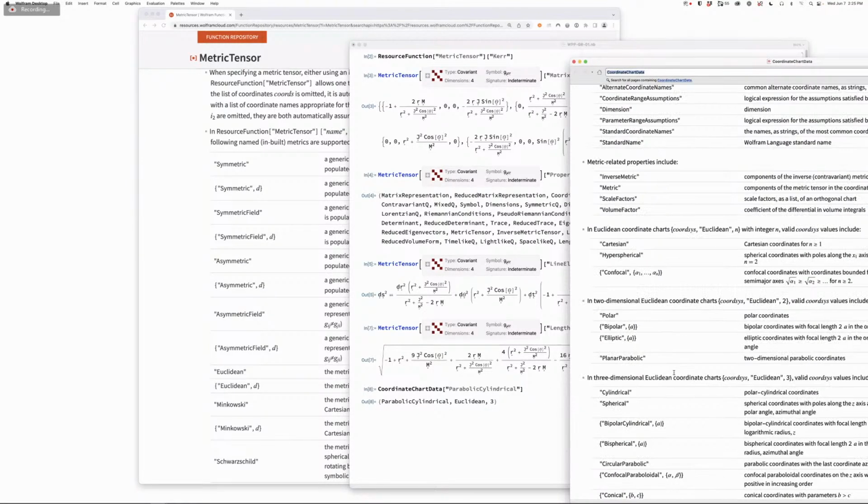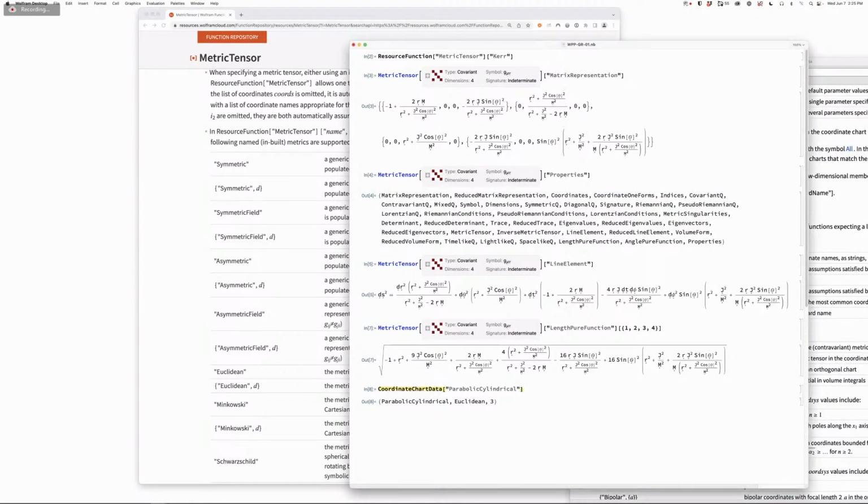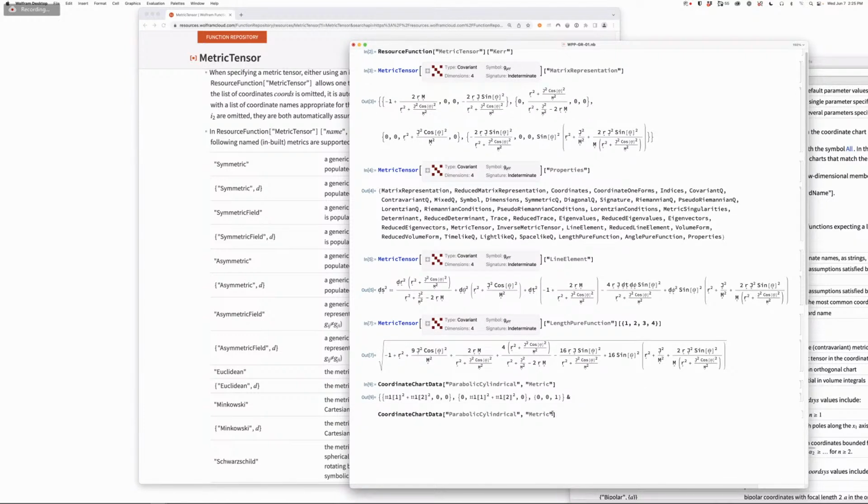How do I get the analog of the metric? Oh, I can actually just ask for the metric. Okay, so in that case, the metric is a function. Yes, if you provide a third argument with coordinates, list x, y, z.